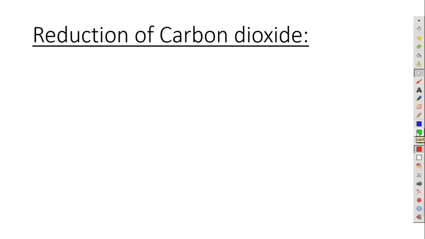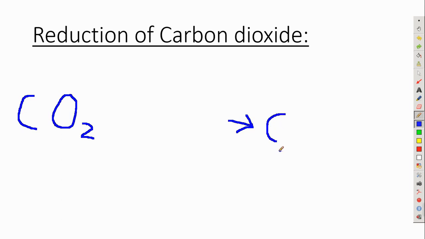We're going to use a smaller version, if I may say so. So let's start with CO2, and that's going to become, so a smaller version of glucose would be CH2O, so that's one block.